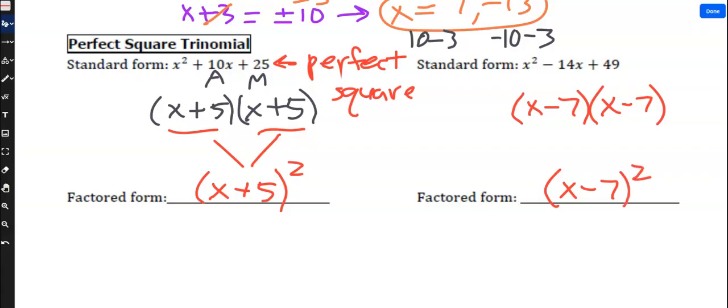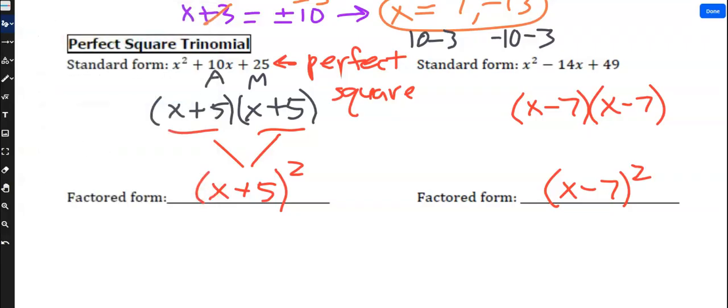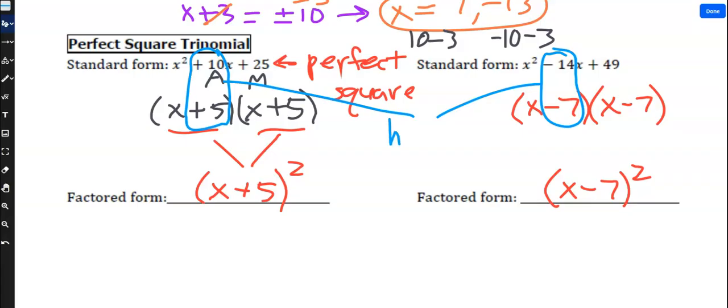Now, I do want to find out if you can see a connection between this positive 10 on the linear x and the positive 5 in the parentheses, which is the exact same connection that we have between this negative 14 and that negative 7. I'm hoping that you will see that the connection I'm referring to is half.